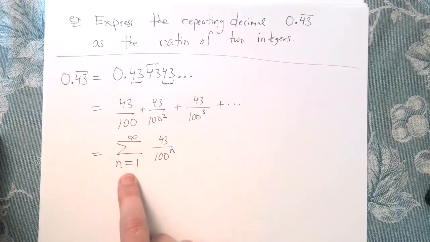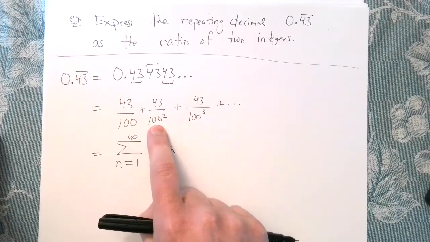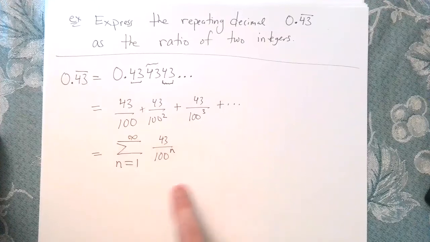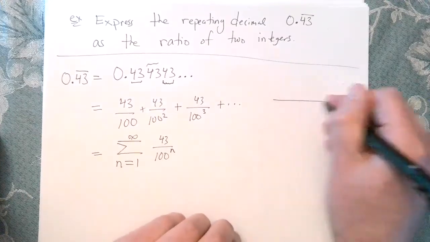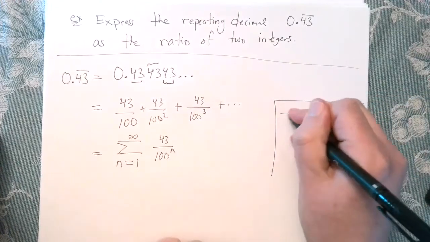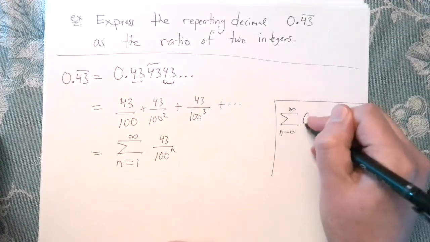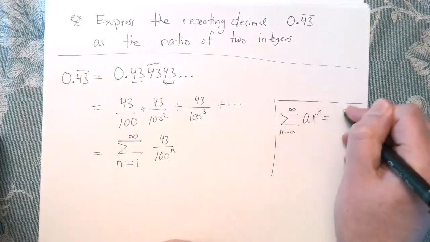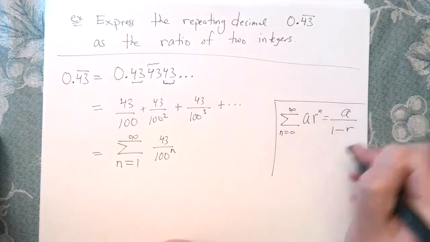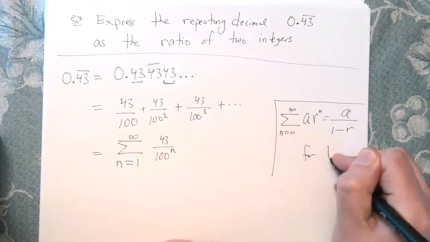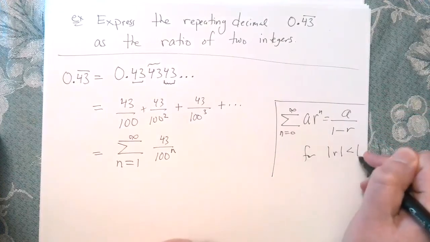If n is equal to 2, do I recover this term? In fact, I do. If n is 2, I get exactly this. So it seems like we've generalized the pattern nicely in our notation. And so our next goal is to recall the sum of a geometric series, which is exactly this for these choices of r.